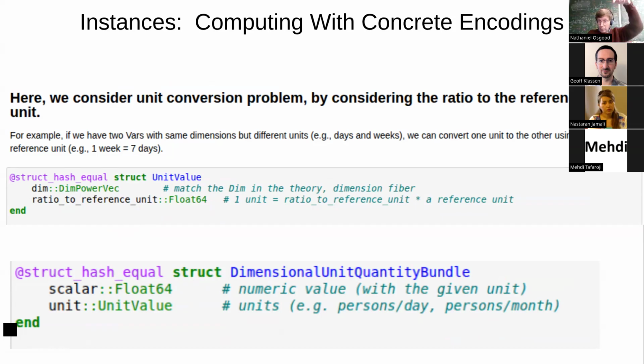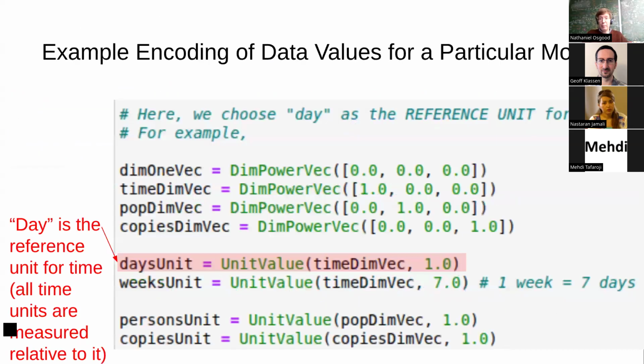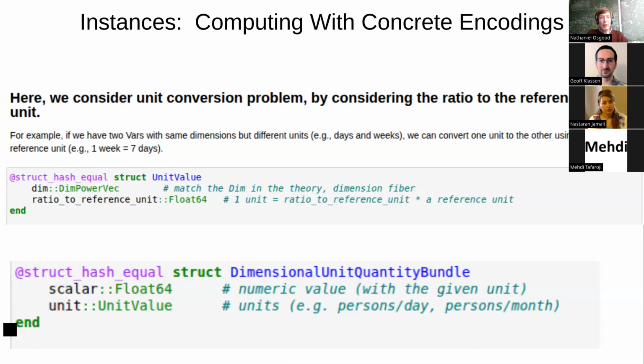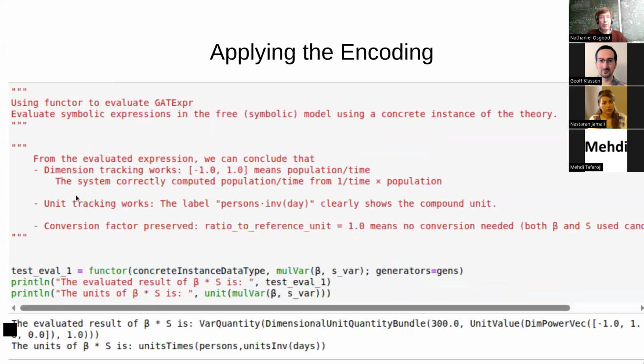I project down to there in the base space. I'm in the fiber over time, or over length divided by time, people divided by time. We keep that information. This is pretty nifty.